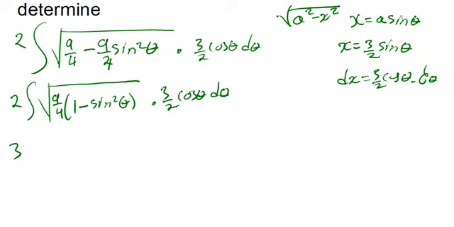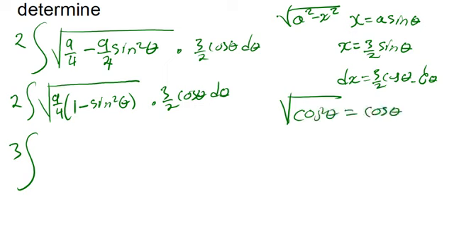What remains is the square root of 1 minus sine squared theta, which is simply the square root of cos squared theta, which is cos theta.